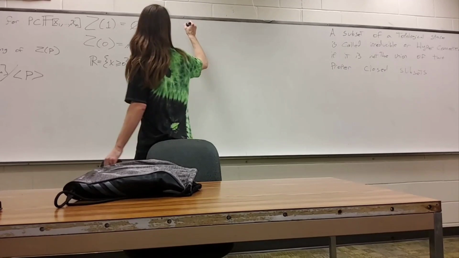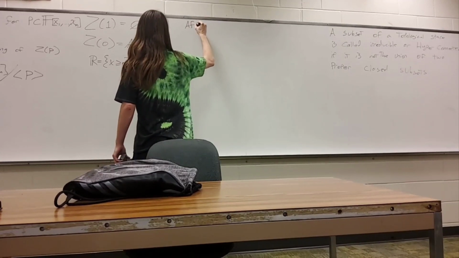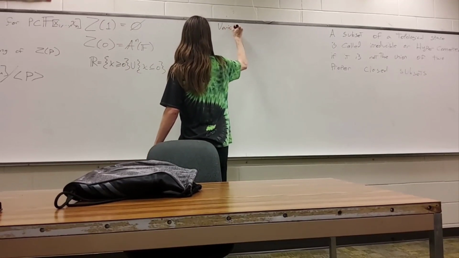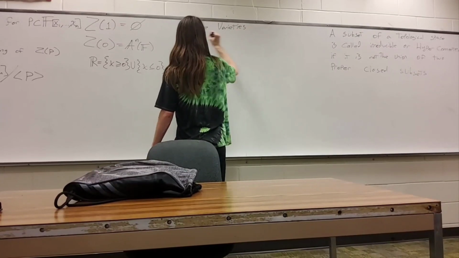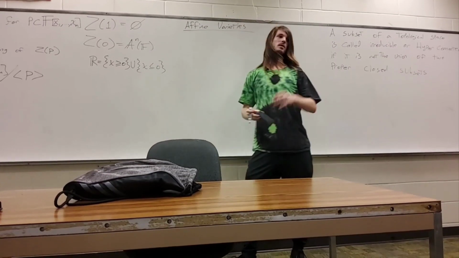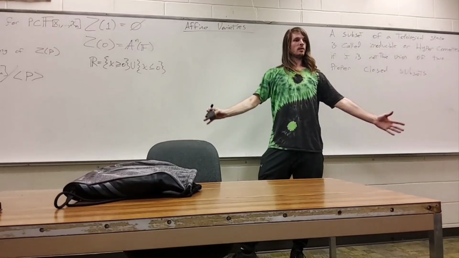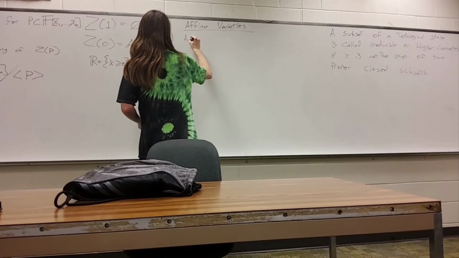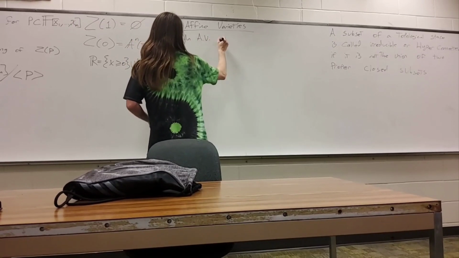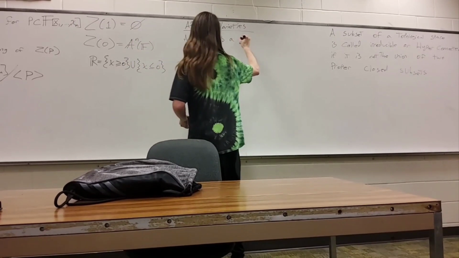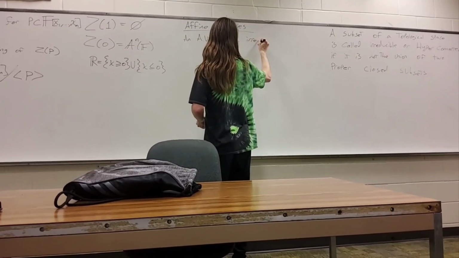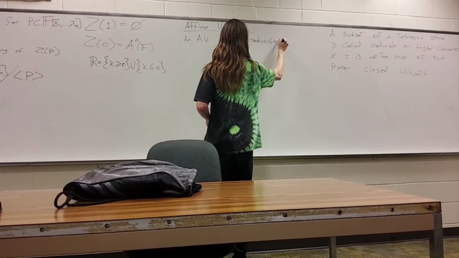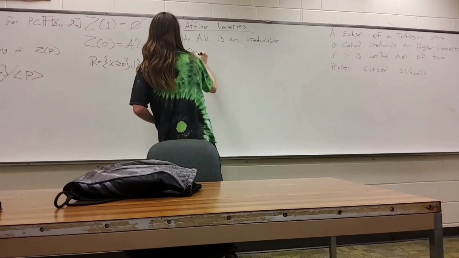Okay, so affine varieties. We've seen algebraic sets. We've seen the definition of irreducible. All an affine variety is, is an irreducible closed subset of affine space.